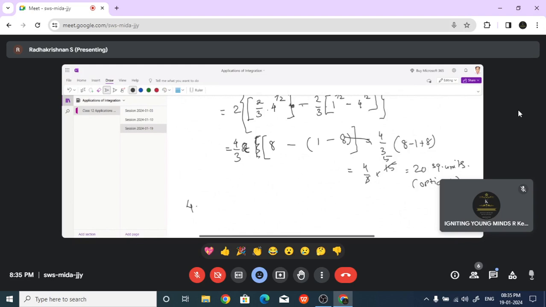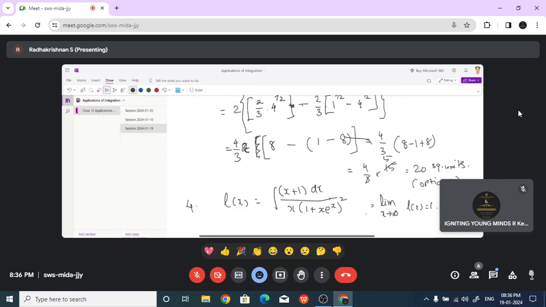Okay. Let's do one more problem. L of x equal to integral of x plus 1 dx divided by x into 1 plus x e power x, the whole square, and limit x tending to infinity of L of x equal to 1.